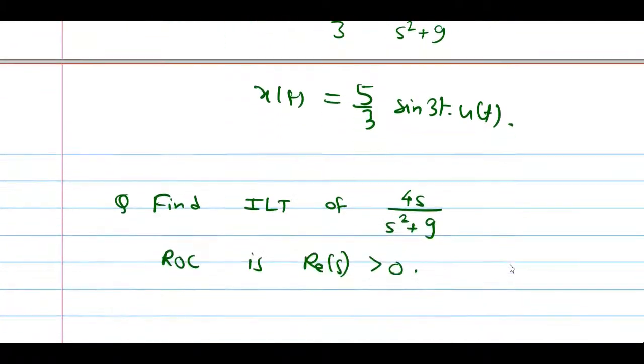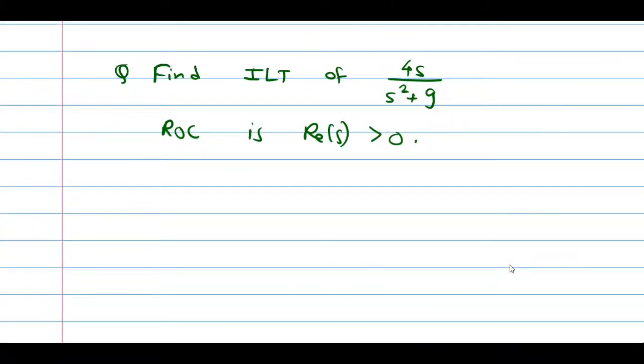Next question, find the inverse Laplace transform of 4s upon s square plus 9. So again the s term is missing, so it is either sine or cosine. But in the numerator s is present, so it is the inverse Laplace transform of cosine. So a value is 3 here because of 3 square.